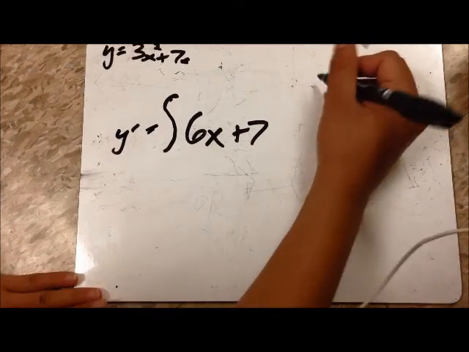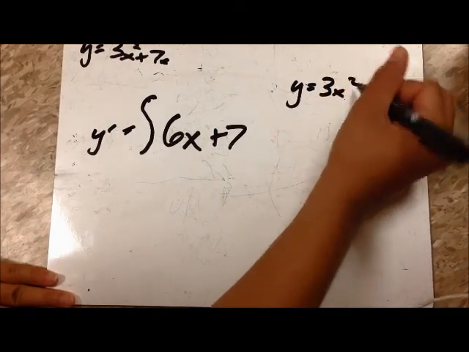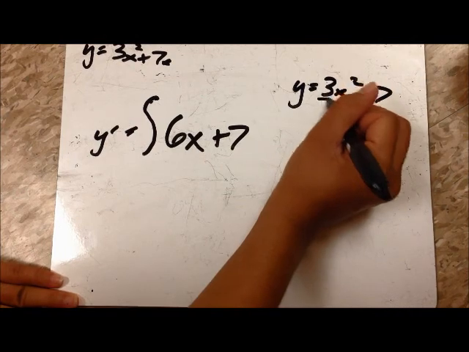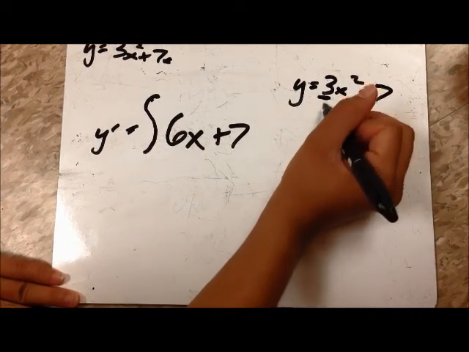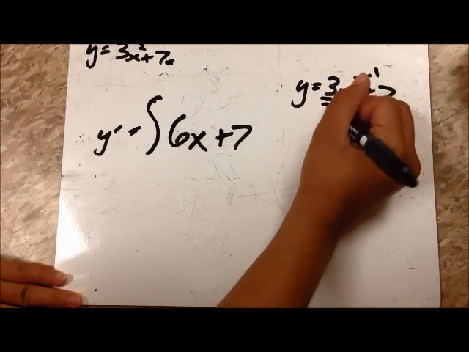Well, you know how when we have a derivative, we divide the constant by the exponent, and then we subtract 1 from the exponent. Like that.